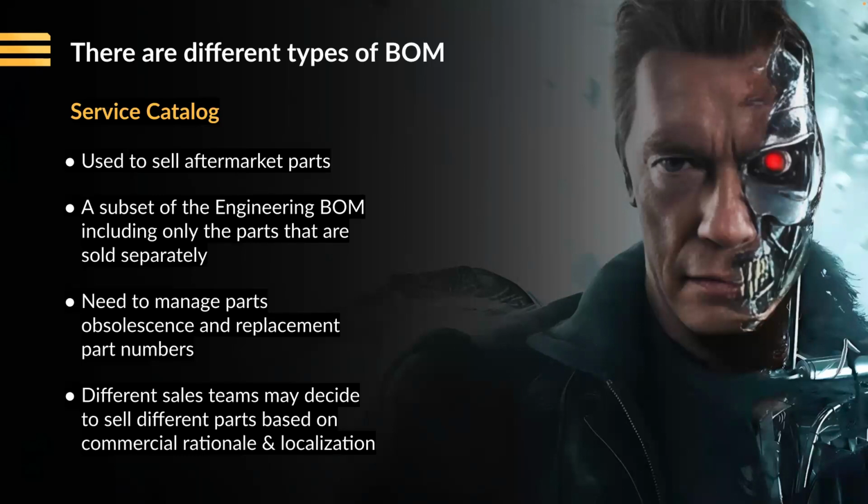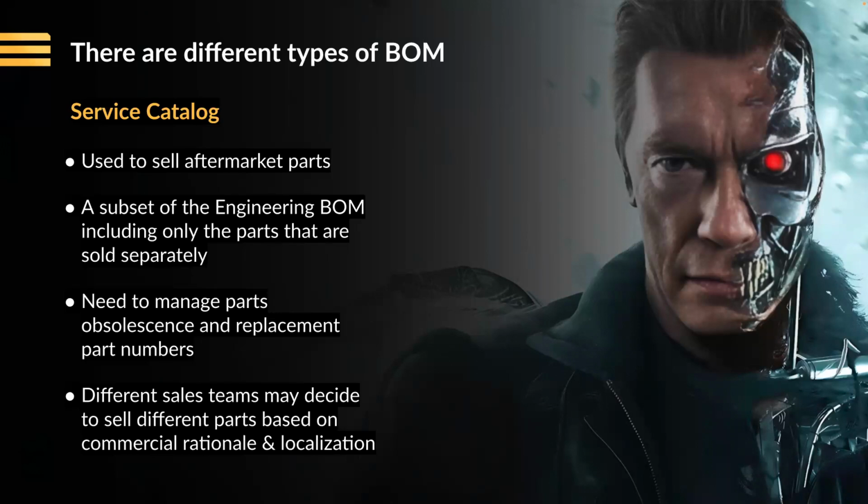And sometimes this can be 20 years, sometimes 30 years. And over this period of time, the machine builder typically changes suppliers and changes parts, and therefore the old parts become obsolete, and then they get replaced with new part numbers. So all of this information should be managed in a service catalog or in a service BOM.